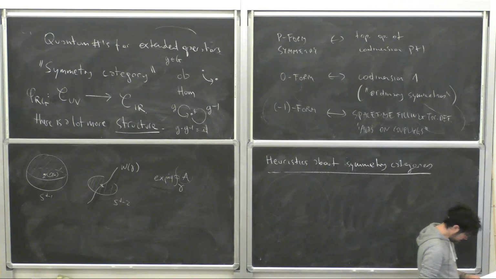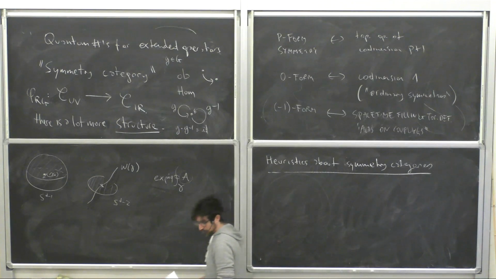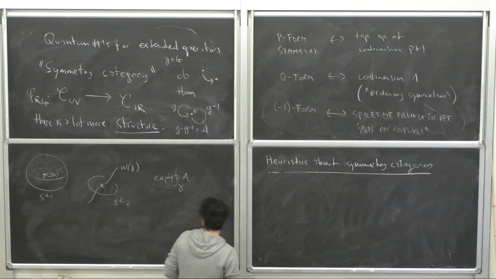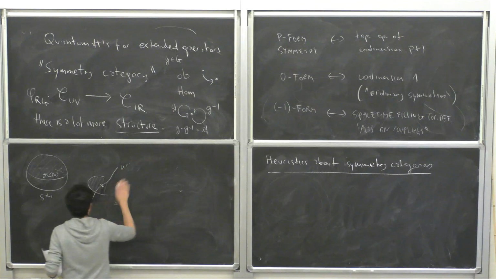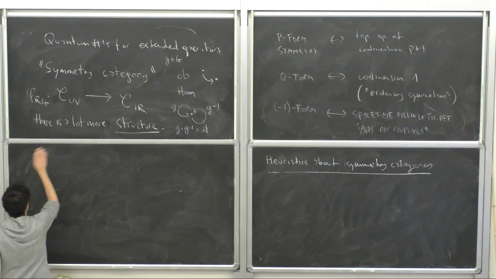So the main reason why we expect to have categorical symmetries has to do with the fact that in nature, symmetries are emergent.